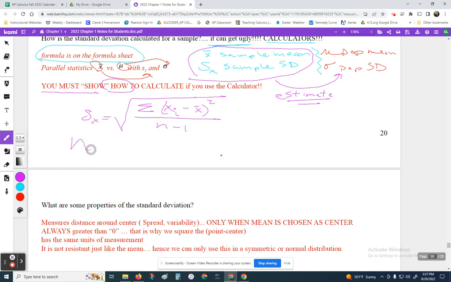You have to show that if you're calculating with your calculator. You can't just put calculator numbers down. You have to show that you understand what it means. So when you use a calculator, that must be on there, okay?